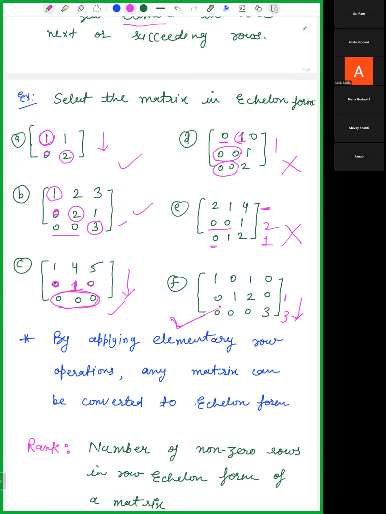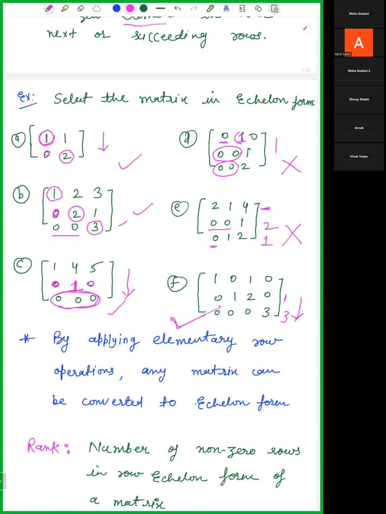Okay. Now you know which matrix is in echelon form and which matrix is not in echelon form. If it is in echelon form, then it is fine. I'll tell you how to find its rank. But if it is not in echelon form, then what to do? Then you can convert the matrix to echelon form. But how?